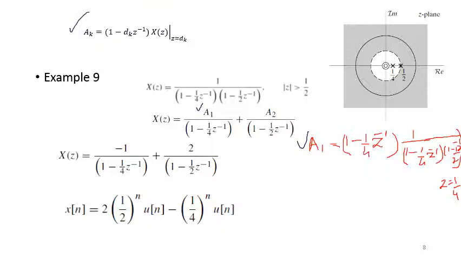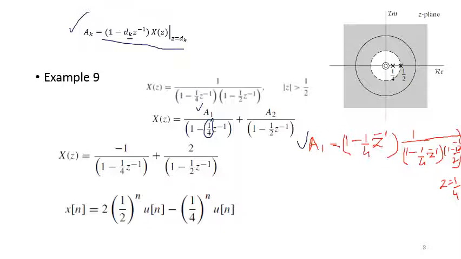So dk is basically d1, and d1 has the value of 1/4. This says that you write 1 minus dk z inverse times X of z, provided z equals dk.